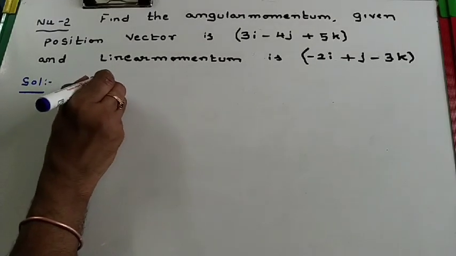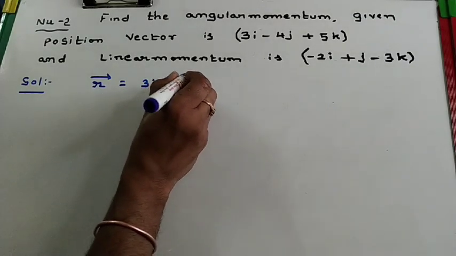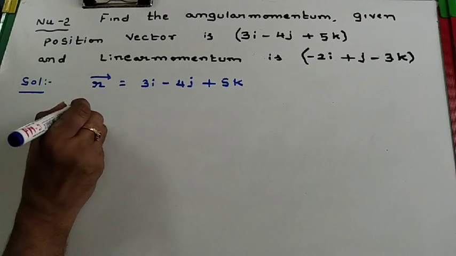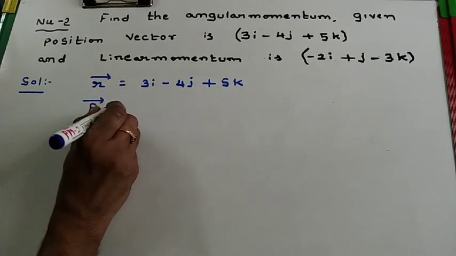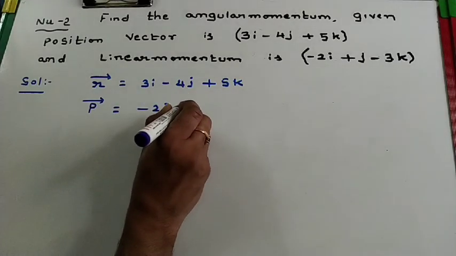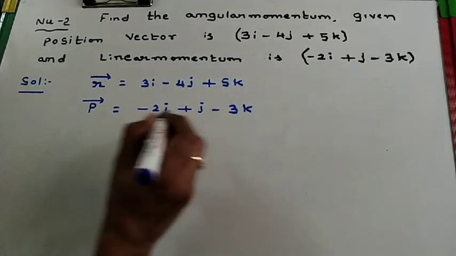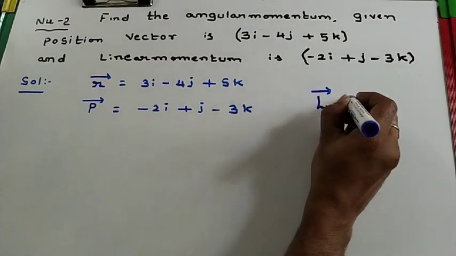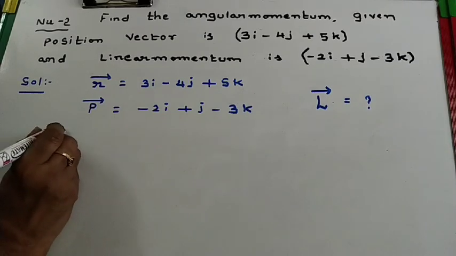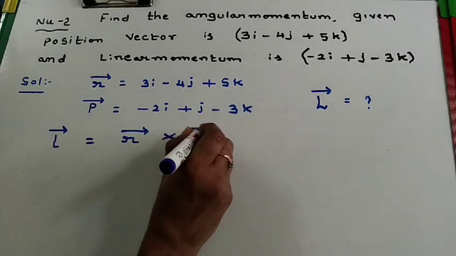Position vector r is equal to 3i minus 4j plus 5k and linear momentum p is equal to minus 2i plus j minus 3k. Therefore, angular momentum L is equal to question mark. Angular momentum L is equal to r vector cross p vector.